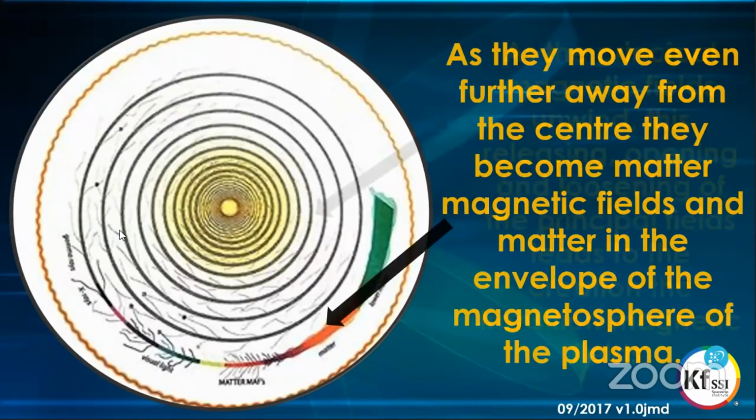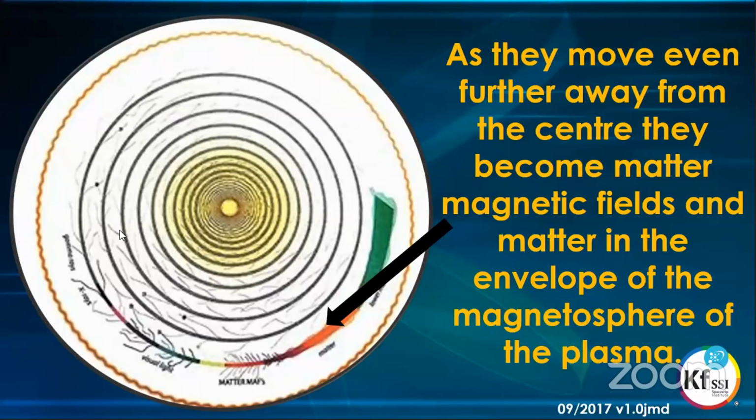And then as these move even further away from the center, they become the matter magnetic fields and the matter in the envelope of the magnetosphere of a plasma. So that's at the very outer edges. It's the weaker of the fields.